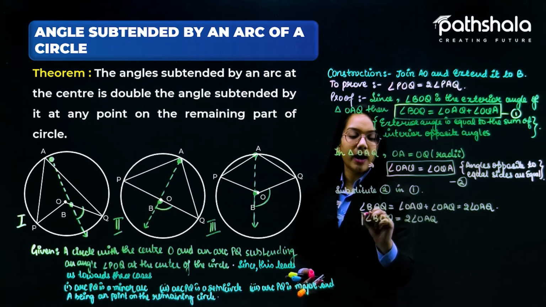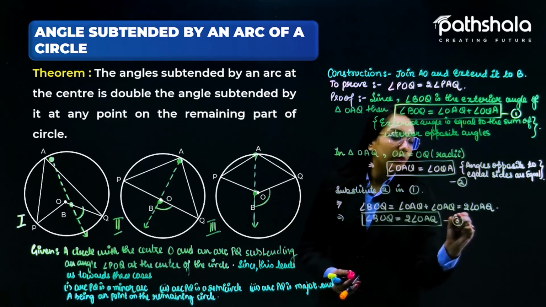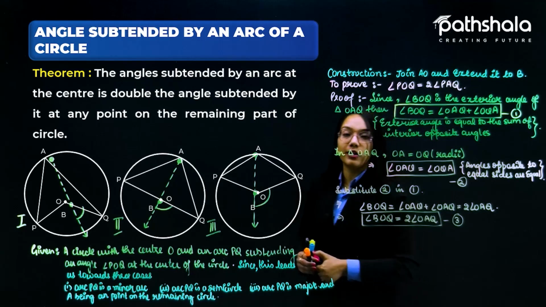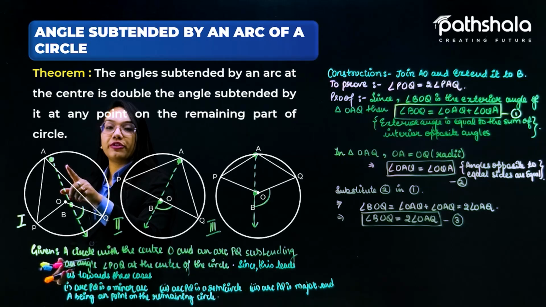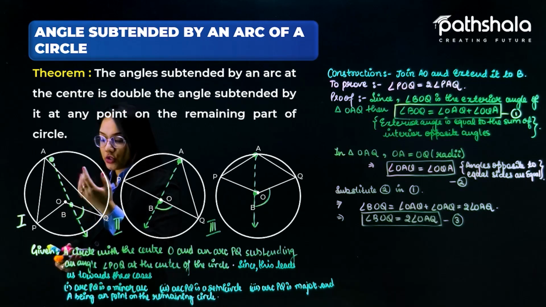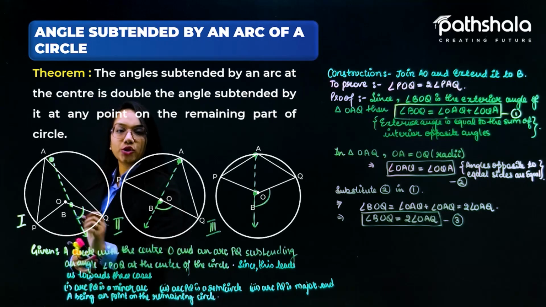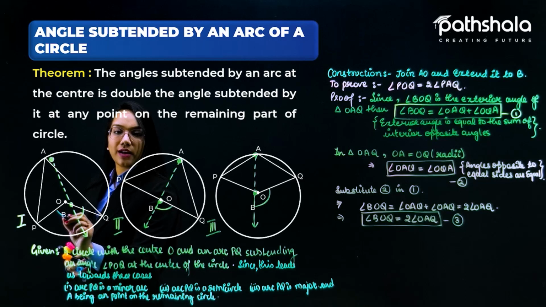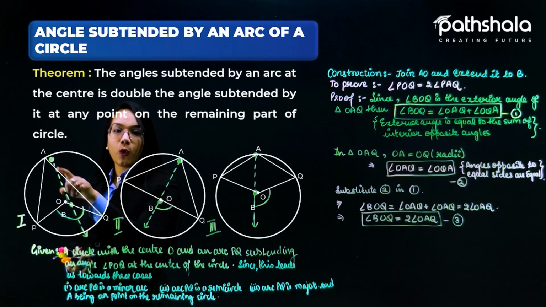So actually what we are getting over here is that the angle which was the exterior angle for the triangle OAQ is coming up as twice of this particular angle. Similarly, in the same way, we can talk about this particular angle which exists as an exterior angle for the triangle OAP.